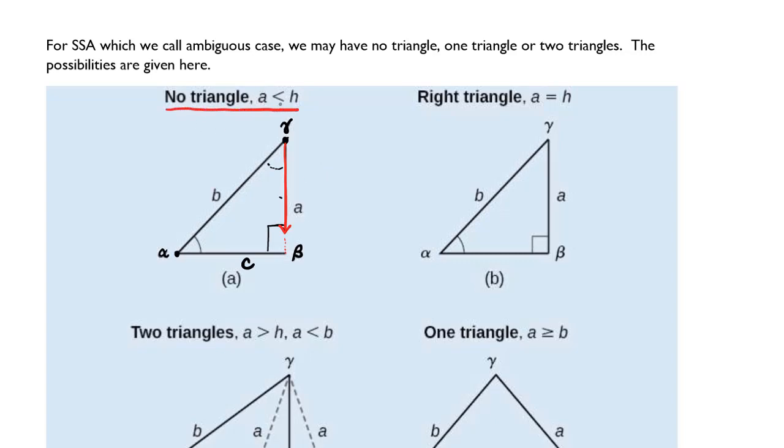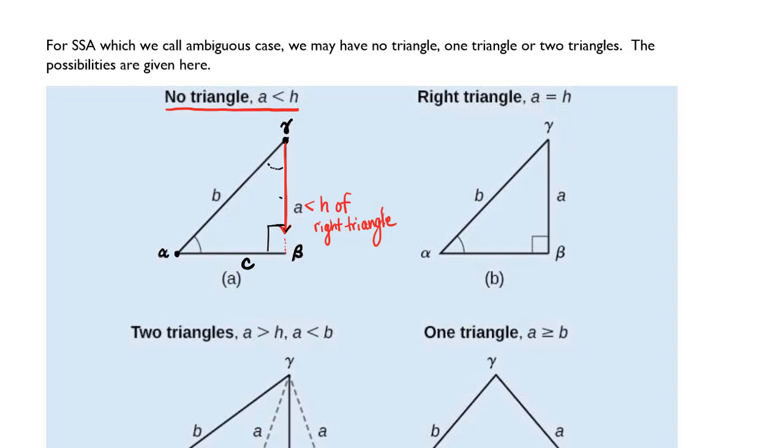This is when the side A is less than h, the height of a right triangle. Now let's look at the next case.